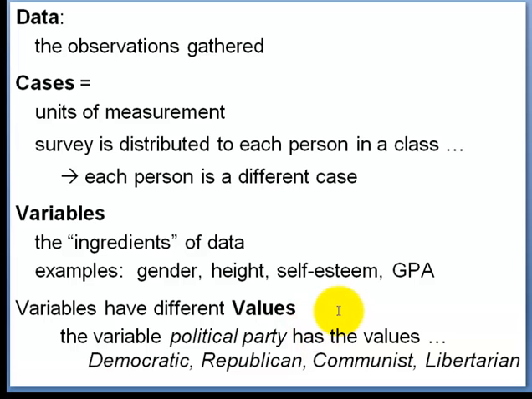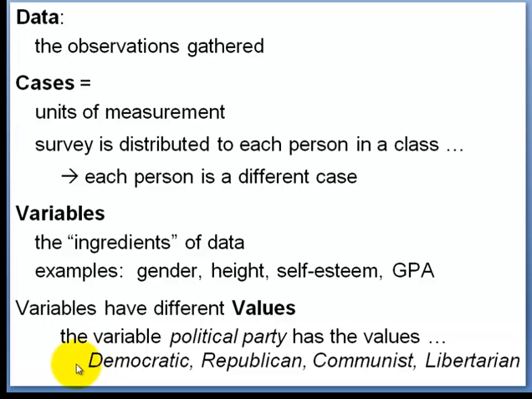So the key notion about variable, I mean, it's there in the name. For something to be a variable, it's going to take on different values. So for instance, a political party takes on different values. Democratic, Republican, Communist, Libertarian.